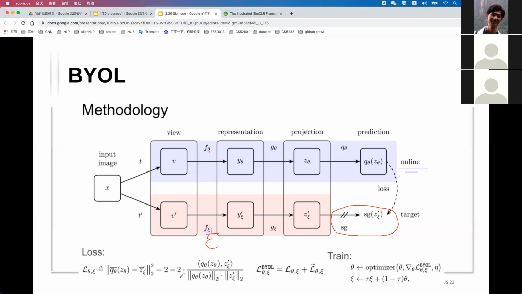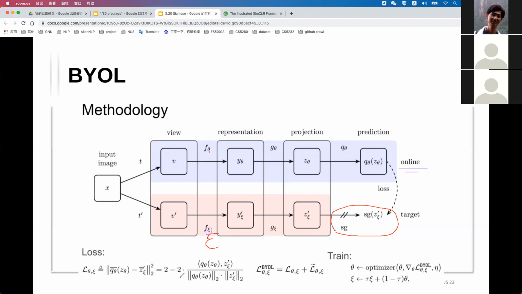So let's talk about the stop gradient. When we have the stop gradient, it will apply backward propagation for the online branch, right? For the theta part, it will update the online branch, updating the weights with back propagation.